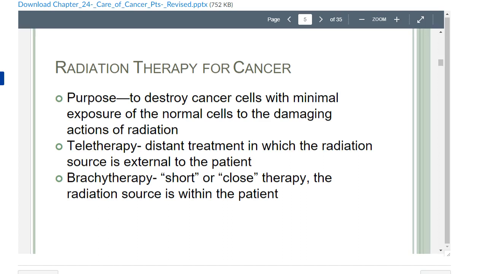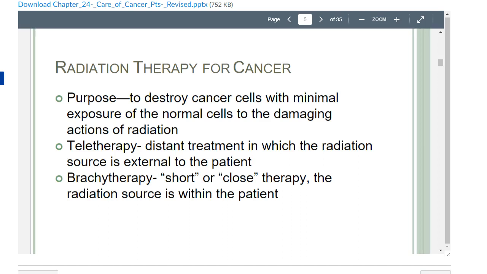And so that's why we do some teaching with these patients when they do have these markings put on them. It can be a tattoo, it can be an ink marking, or it can actually be a drawing, okay? So that's kind of how they do the teletherapy. Now the brachytherapy is short or close therapy. It's where the radiation source comes into direct continuous contact with the tumor tissues for a specific period of time.